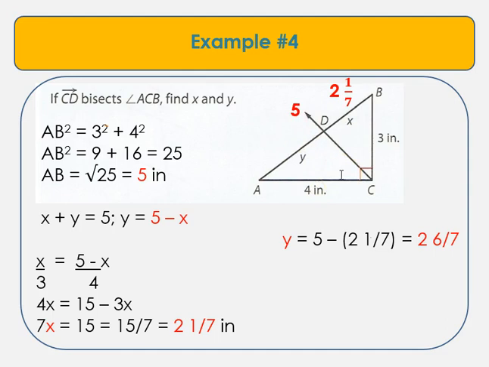And if you don't have 3 known values, you have to figure out a way to solve one of those sides. And in this instance, we didn't have 3 values. We only had 2, the 3 inches and the 4 inches. So we had to set y in terms of x so that we could solve.